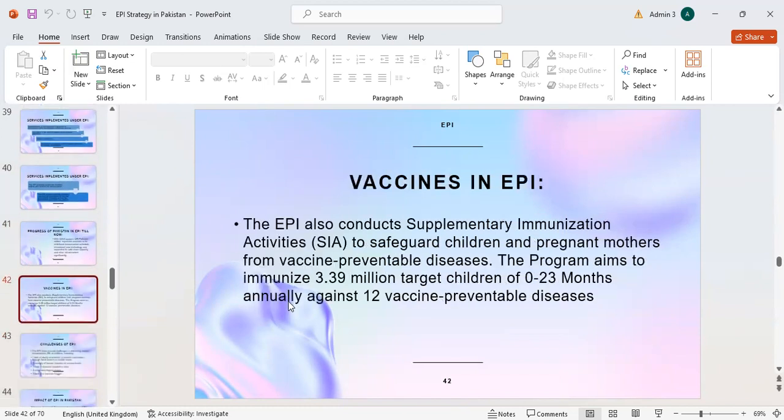EPI also conducts supplementary immunization activities (SIA) to safeguard children and pregnant mothers from vaccine preventable diseases, and the program aims to immunize 3.39 million target children of 0 to 23 months annually against 12 vaccine preventable diseases.